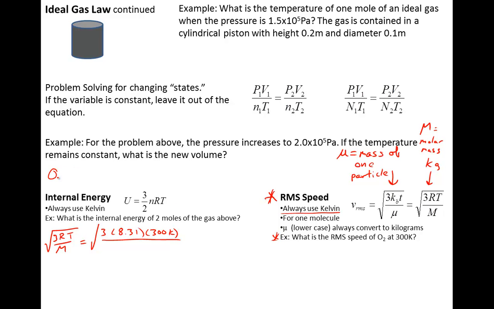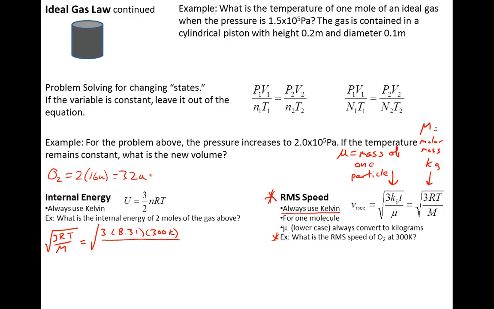Since we're talking about O2, we can find on the periodic table, and I'm going to use a less precise periodic table in this case, that 16 would be the molecular mass on this particular table. And 2 times 16 u gives me a value of 32 u.